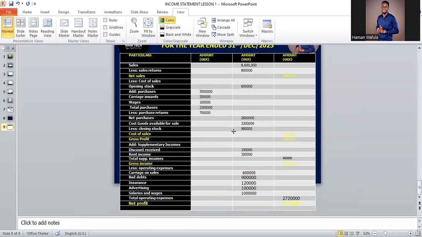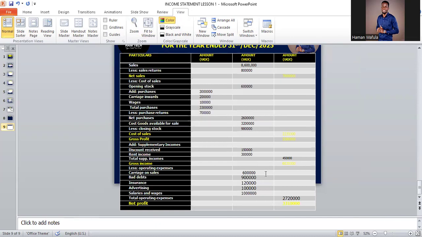Crossing the work is not accepted. If you make an error, don't make your work dirty. You just cross it out once and use a ruler, then you write the correct figure or correct item that you want to enter. Even though you fail to get the correct net profit, any other correct entry that you make here or in any other financial statement is marked.